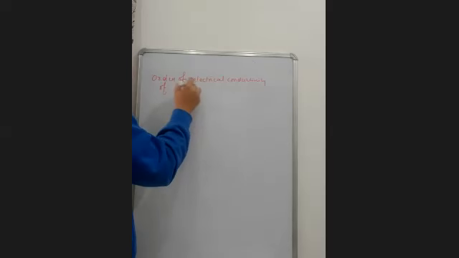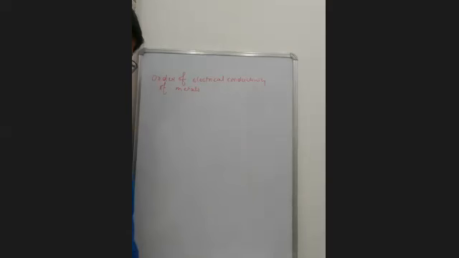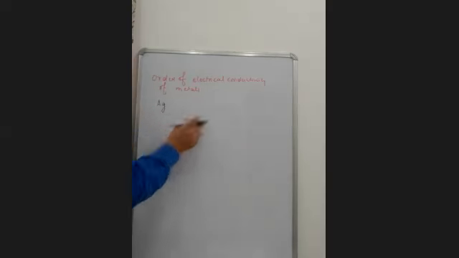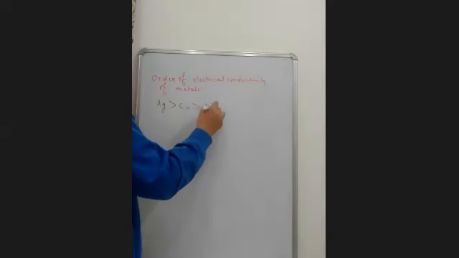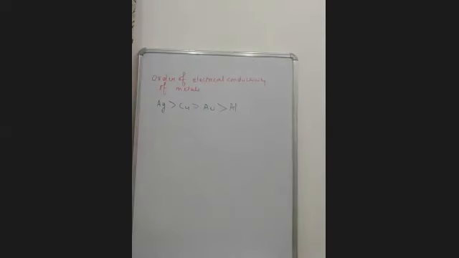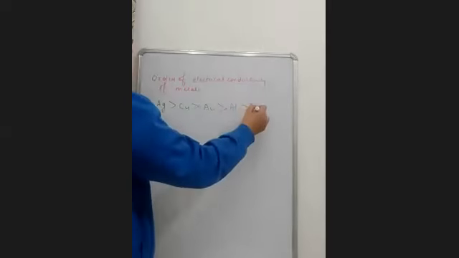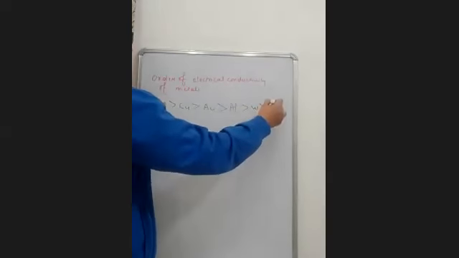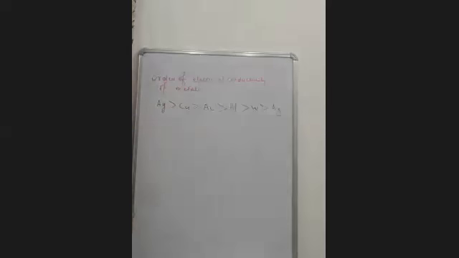According to our order, silver is the most electrically conductive, then copper, then gold, then aluminium, then tungsten, then lead. Right?